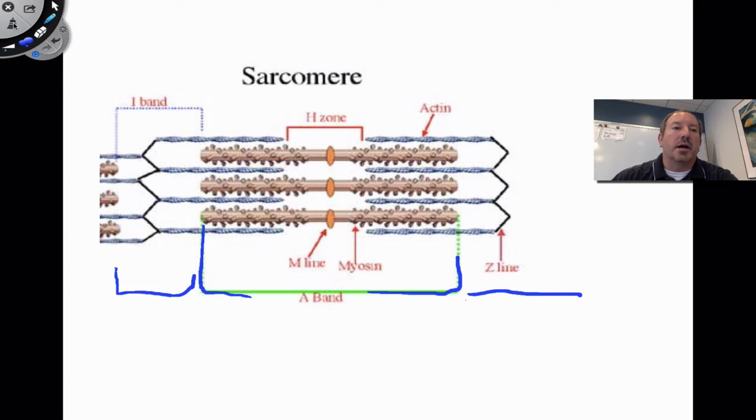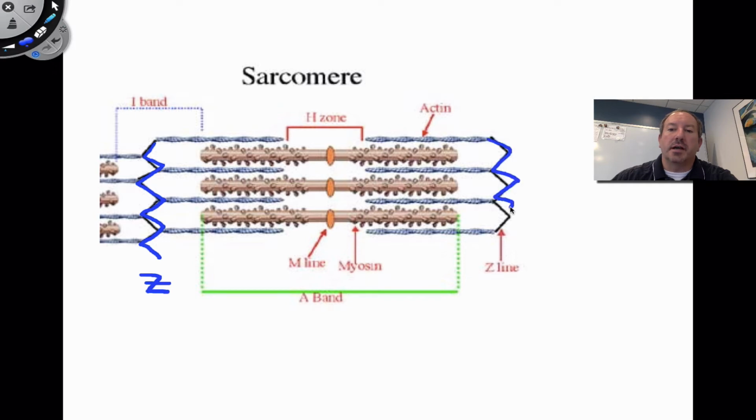And so what we say is, when you again look at this under the microscope, these proteins come down, it sort of looks like a zigzag right in here. And so this is referred to as the Z line, the letter Z, Z line, and here's another Z line. Okay, so this is what we mean by the definition of a sarcomere: from Z line to Z line.